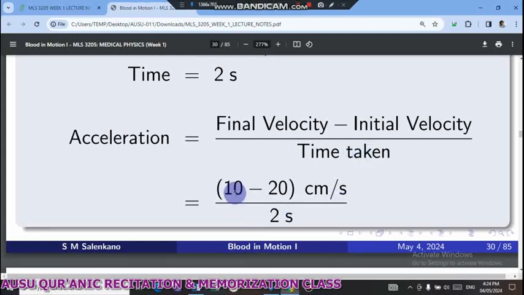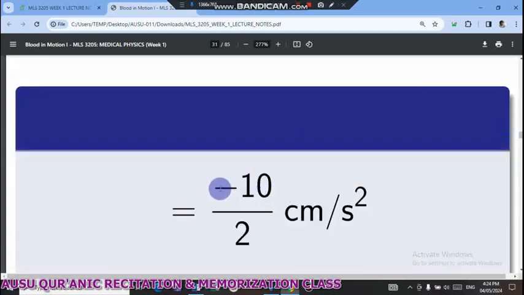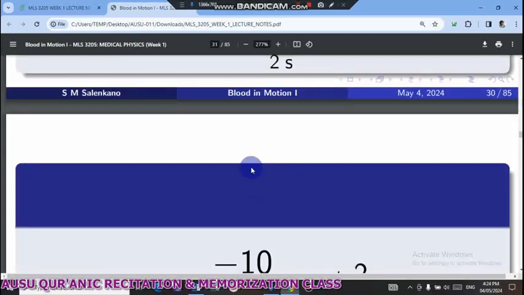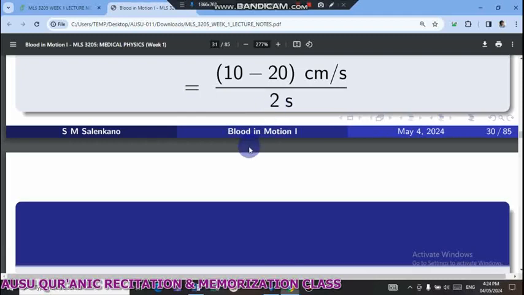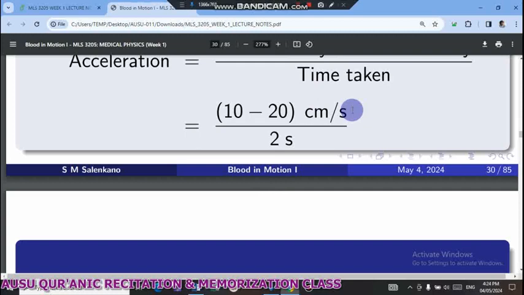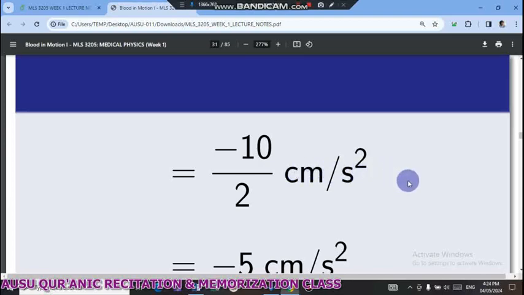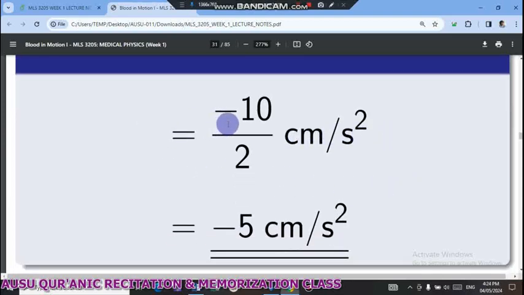So 10 minus 20 will give me minus 10, and I have this 2 under. Then I will combine my centimeter per second with the second. It will give me centimeters per second squared. Then minus 10 divided by 2 will give me minus 5 in centimeters per second squared.